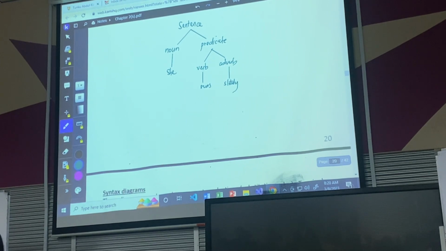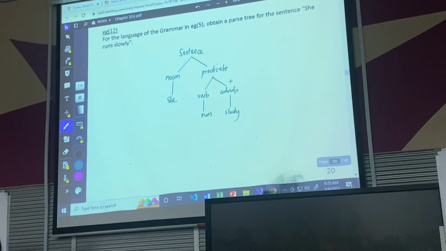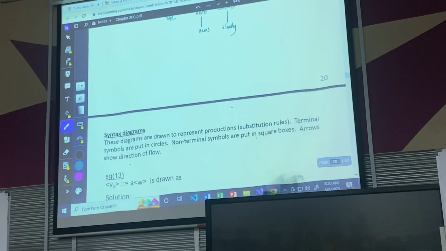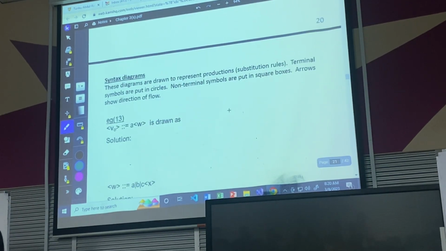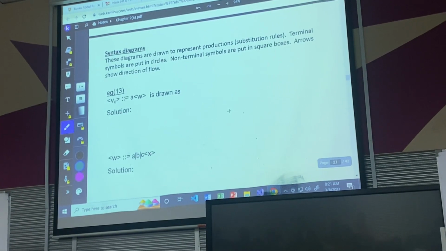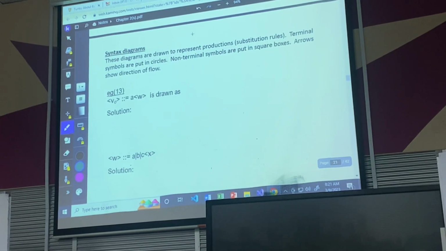Now, besides representing this language in a tree, we can also draw a diagram for the substitution of the language just now, using the syntax diagram. Now, in the syntax diagram, the terminal symbol, we will put it in a circle.